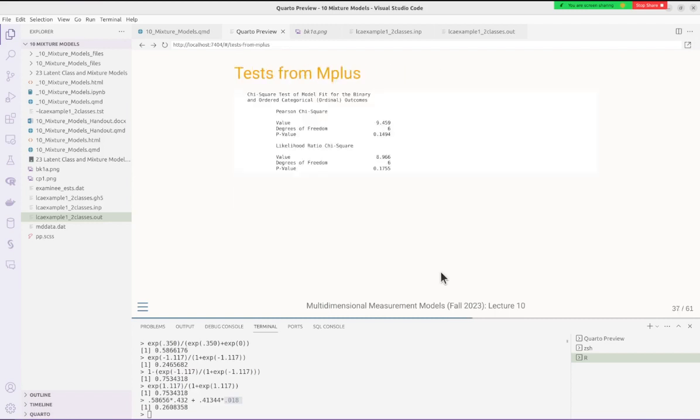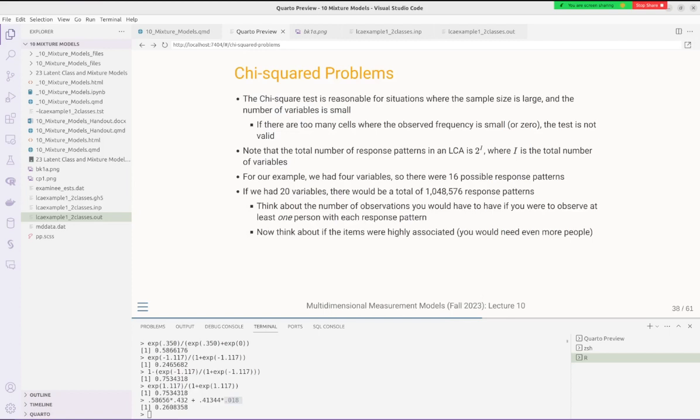One thing you remember, though, is that there's problems with chi-square, right? This is our full information model fit. It's the optimal statistic, but the problem is, we had 16 possible response patterns. If we had 20 variables, we would have 1,048,576 response patterns.